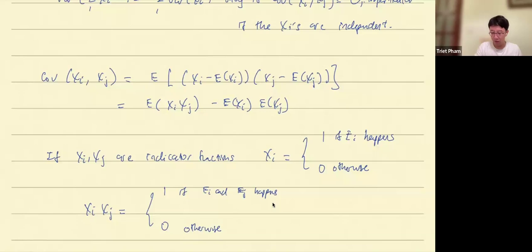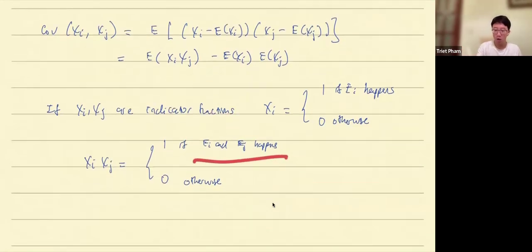If this indicates something and this indicates something, then xi times xj is also an indicator function, but it indicates the intersection of Ei and Ej.